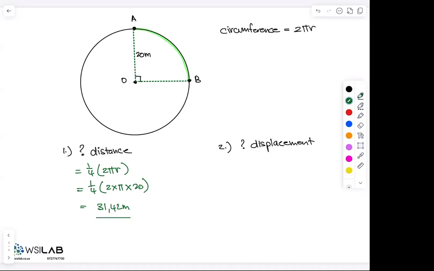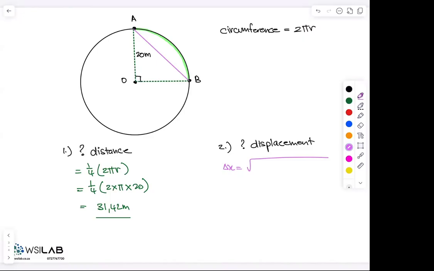Okay. Now, the displacement is a direct line from our starting position to our end position. I wrote the answer quite long. AB squared equals AB to the power of 2 plus DB to the power of 2, which equals 20 to the power of 2 plus 20 to the power of 2.